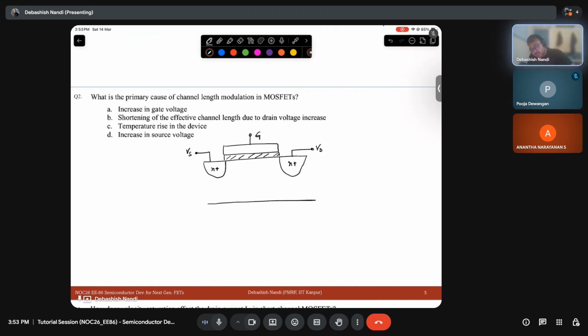Basically, if you have VGS greater than the threshold voltage VTH, you will have a channel of some length, something like this, right? So why is the drain side depletion region fatter than the source side?